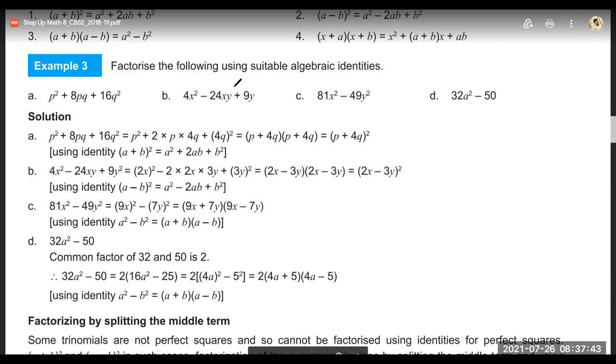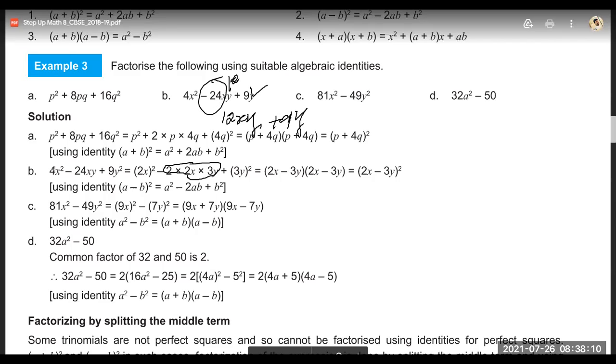Here rather than 24, it should be 12 actually. So in the explanation of the second one, it is 2 into 2 into 3, which is 12. So the question is given wrong. It is 12. You can modify it in your textbook also. It is plus 9y squared. Rather than 24, you write it as 12.